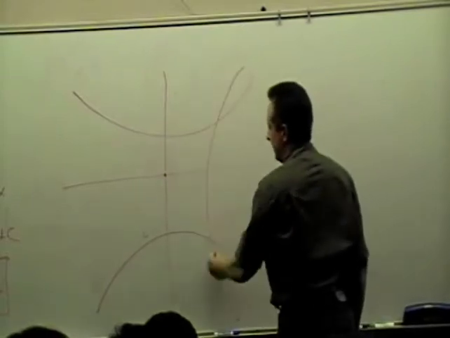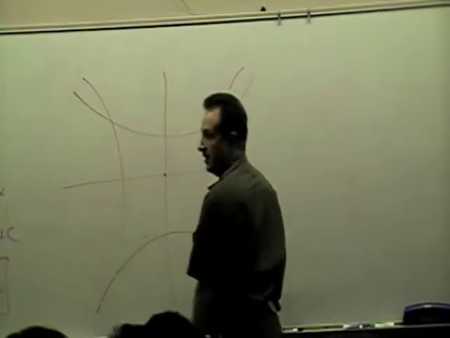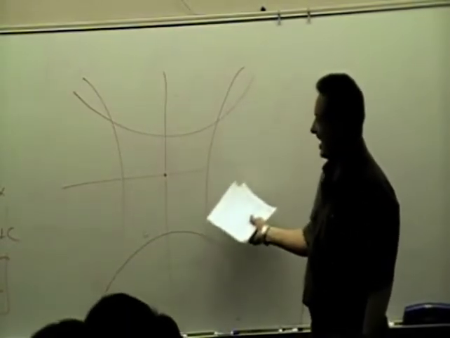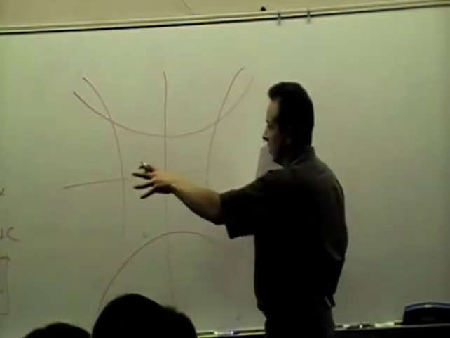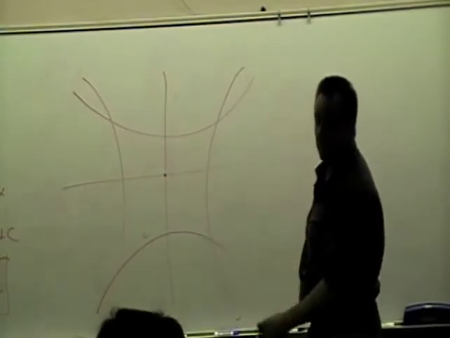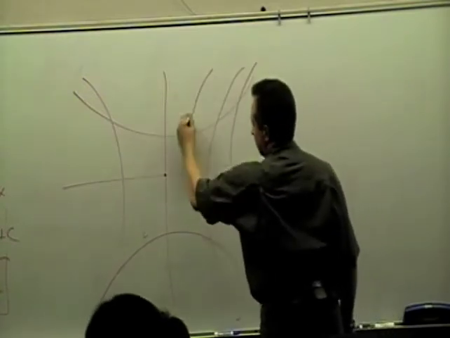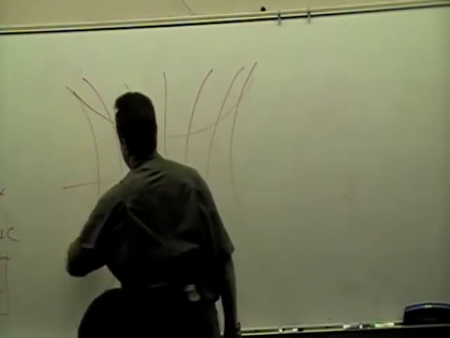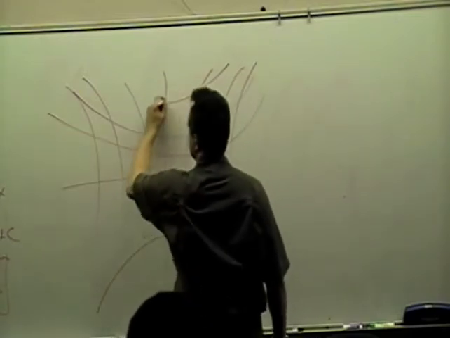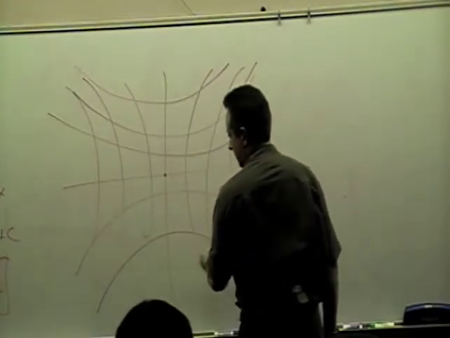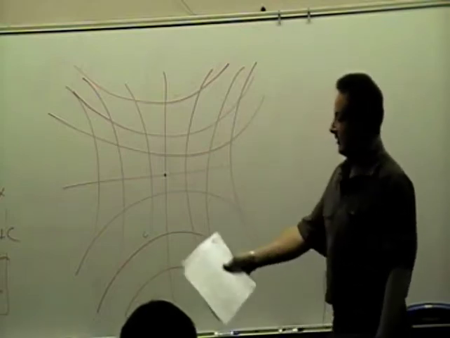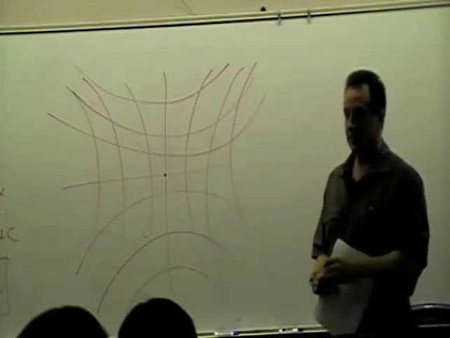How about like this? Actually, if c is negative, you'll have hyperbolas that open along the x-axis. If c is positive, you'll have them open along the y-axis. But you're going to have a series of hyperbolas that look like this. Do you remember your conic sections, folks? Hyperbolas? That's this family.